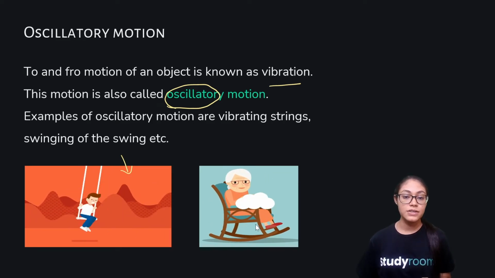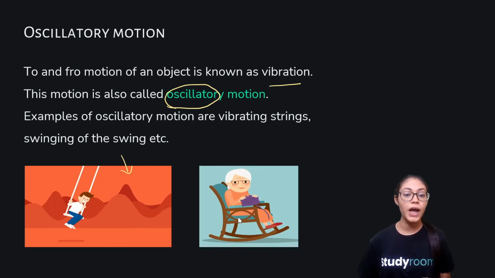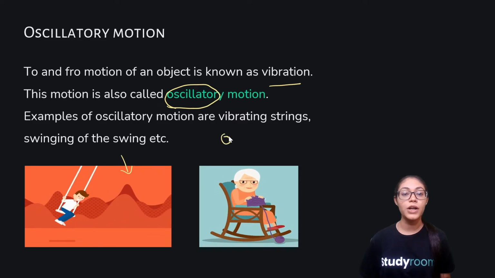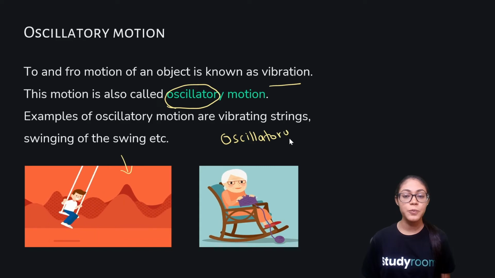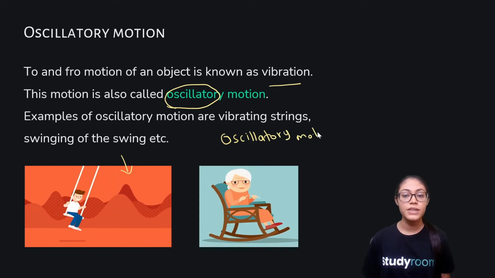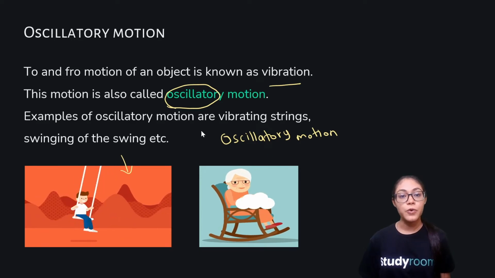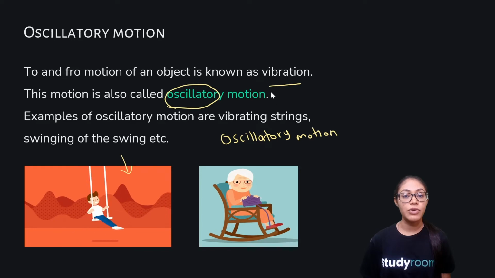Similarly, this lady sitting on the rocking chair, there is some kind of to and fro movement. So, this is nothing but oscillatory movement. Simple enough, easy to remember. Again, the to and fro motion of an object is known as oscillatory motion.